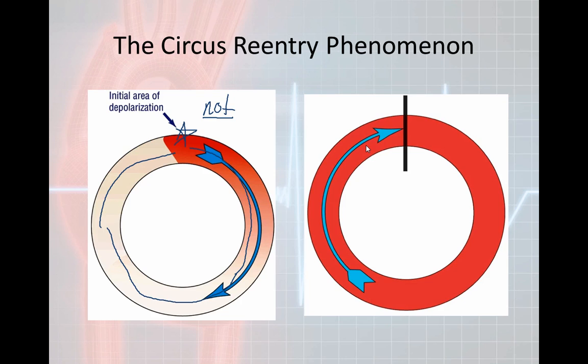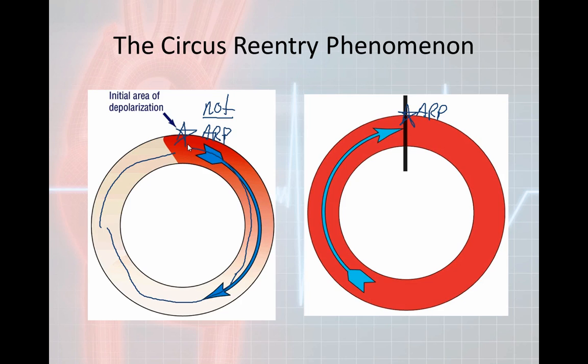The problem is, or what happens is, when this area gets back to the original spot of depolarization, this red part here is an absolute refractory period. What happens is this impulse travels so quickly around this right here that whenever the impulse reaches the point of origin again, it is actually still in an absolute refractory period, which of course means if a cell is in an absolute refractoriness, it means the cell cannot depolarize again.